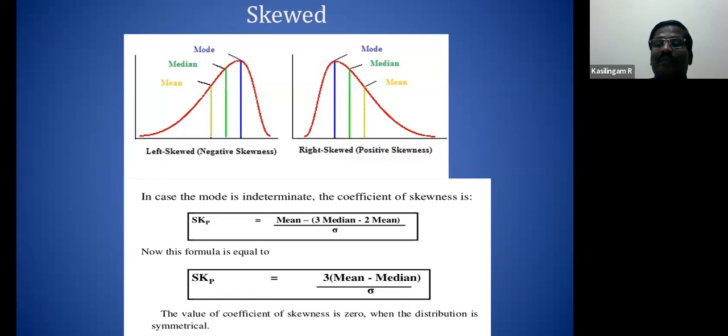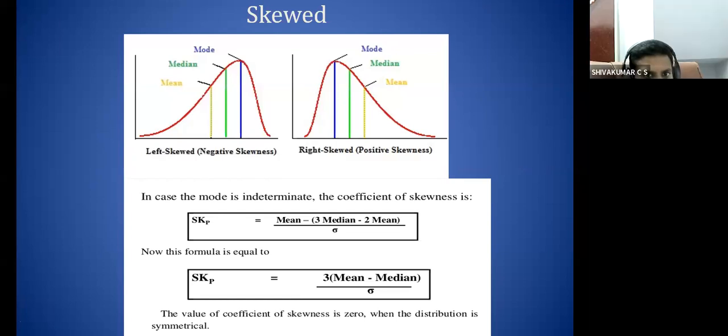Here, in the positive skewness, this is the median, this is the mean. Mean minus median, will you get a positive value or a negative value?